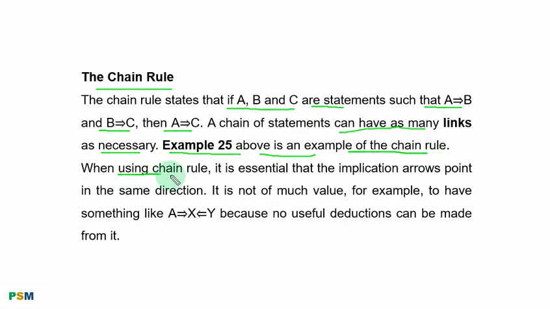When using the chain rule, it is essential that the implication arrows point in the same direction. It is not of much value, for example, to have something like A implies S, then Y implies S. This kind of statement is not of much value because no useful deductions can be made from it.